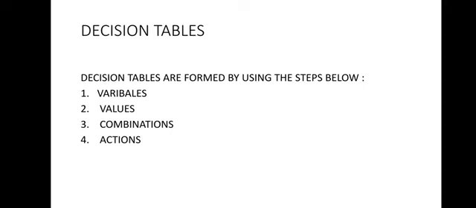If they are working properly, then okay, and if they are not working properly, then what action should be taken? So for the same, we take decision tables. A decision table is basically a listing of the various decision variables, conditions, values or assumed values, and the actions to take in each combination of the conditions.